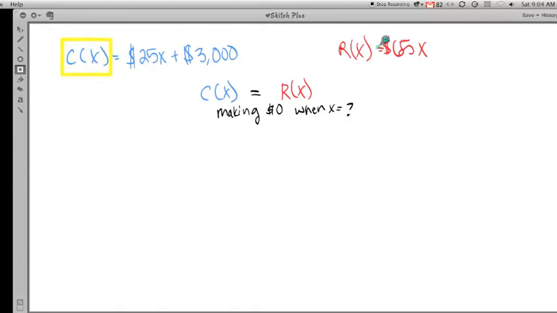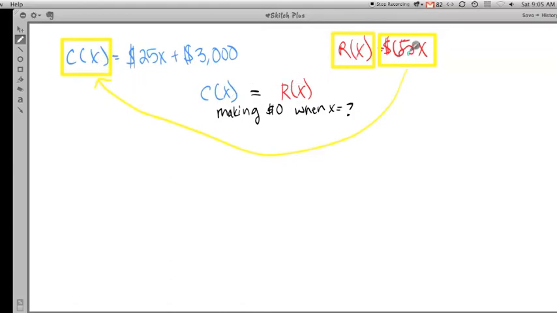Well, if we look at this, our c of x, we know we want to be equal to our r of x. Well, r of x is $65x. So what we can do is substitute that into c of x, because we want c of x to be equal to r of x.